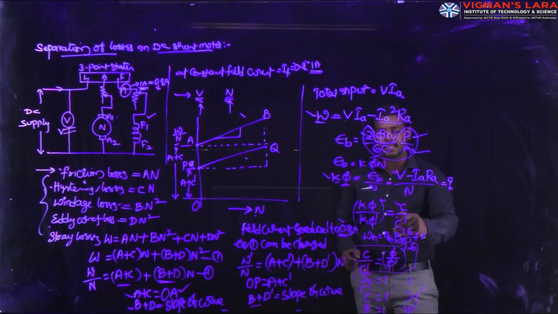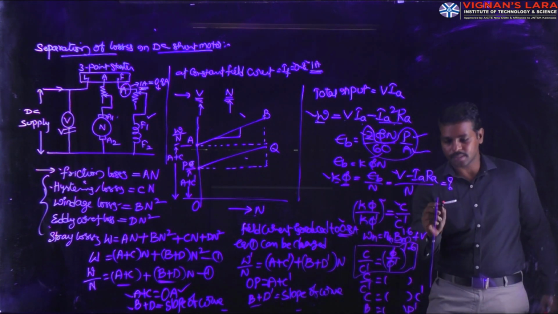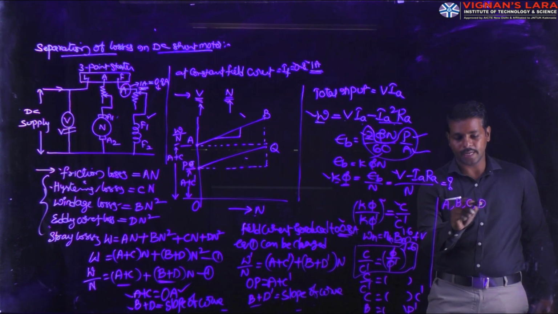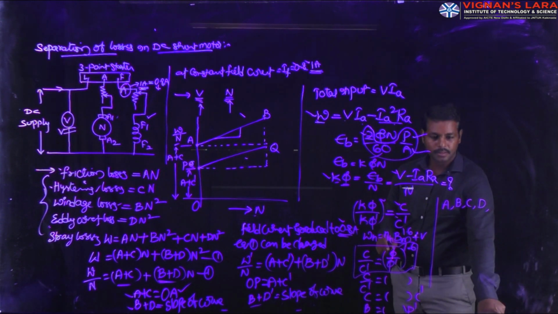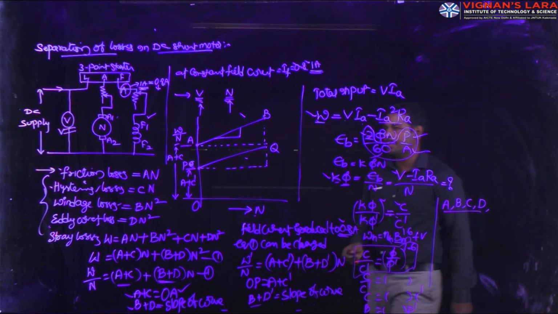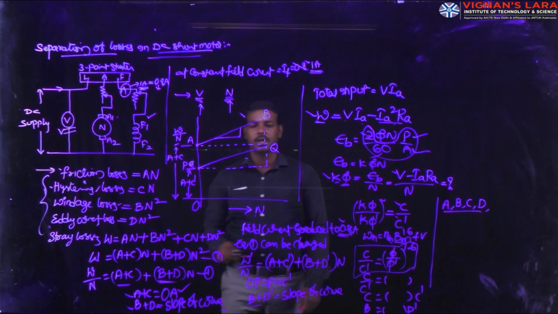Using these expressions, we can easily separate the four constants A, B, C and D. These four parameters must be separated using separation of losses in a DC shunt motor.